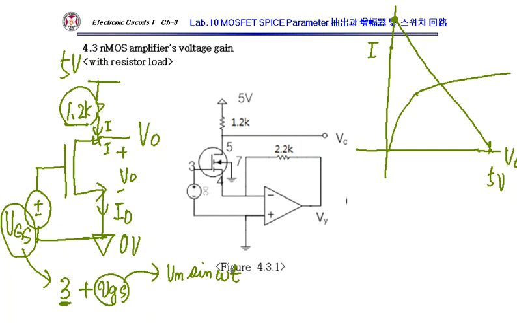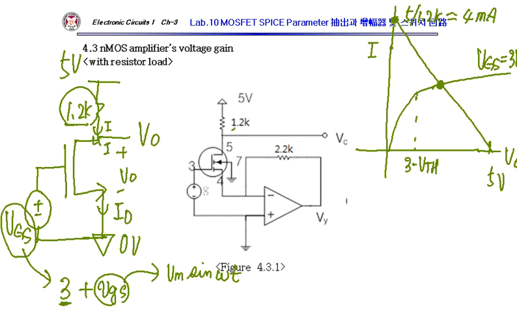This one is 5 divided by 1.2K, which is around 4 milliamp, right? So that's my load line, okay? That load line must cross this MOS characteristic in the saturation region, with VGS equals 3 volt, for example. This is 3 volt minus threshold voltage, right?